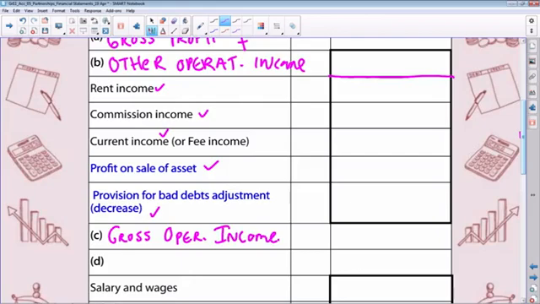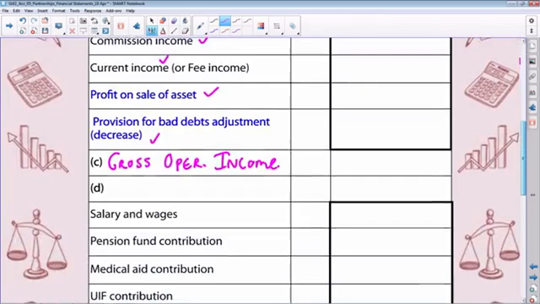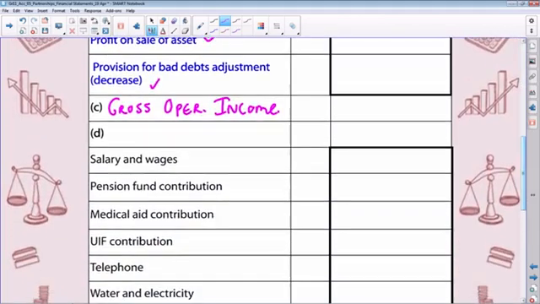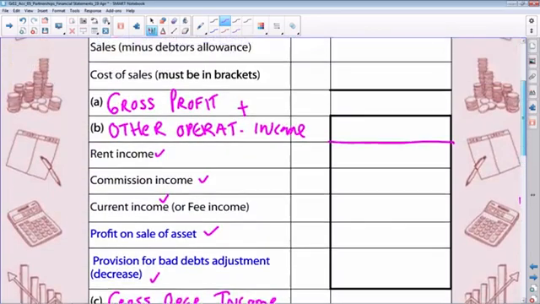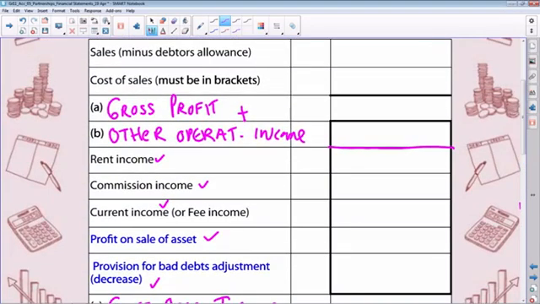Okay, next missing item, D. If we look at D, D is obviously adding up all our other expenses. I'm using the word other because remember, at the top, you've already got cost of sales, which is an expense.